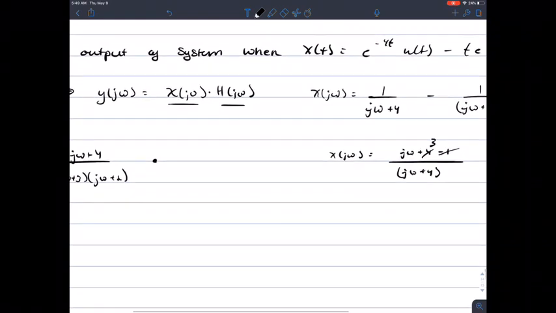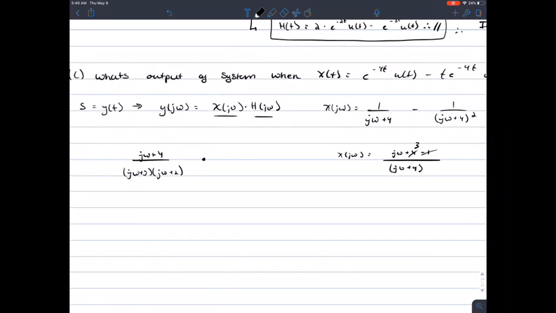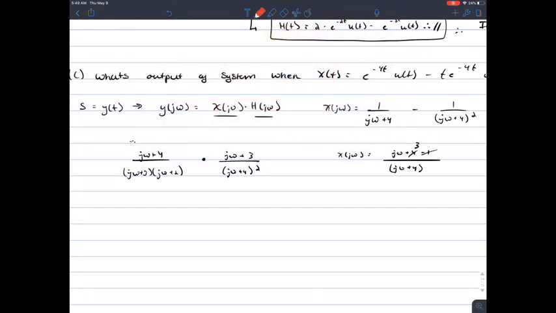Okay, so this is our H(jω) right here. X(jω) is going to be (jω + 3) all over (jω + 4) squared. Alright, and when you're multiplying these, I know we can all see that some of these cross out.